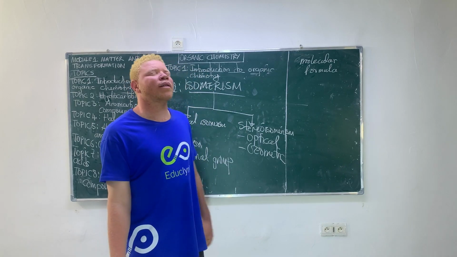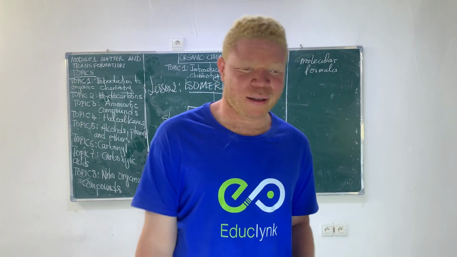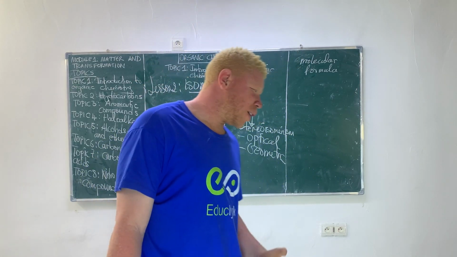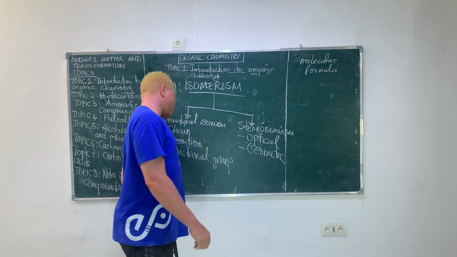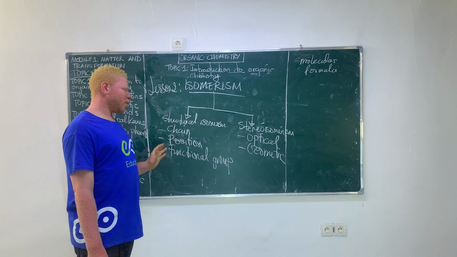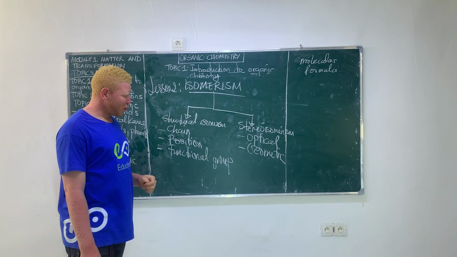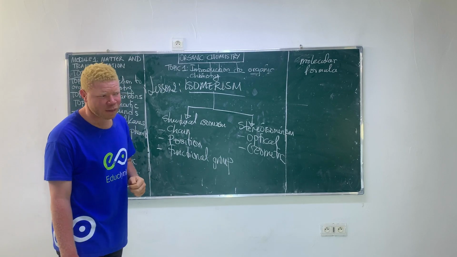So in university, you will see tautomerism and metamerism. But for the moment, apply the GCE program, that's what it teaches us: chain isomerism, positional isomerism, functional group isomerism, optical isomerism, and geometric isomerism.